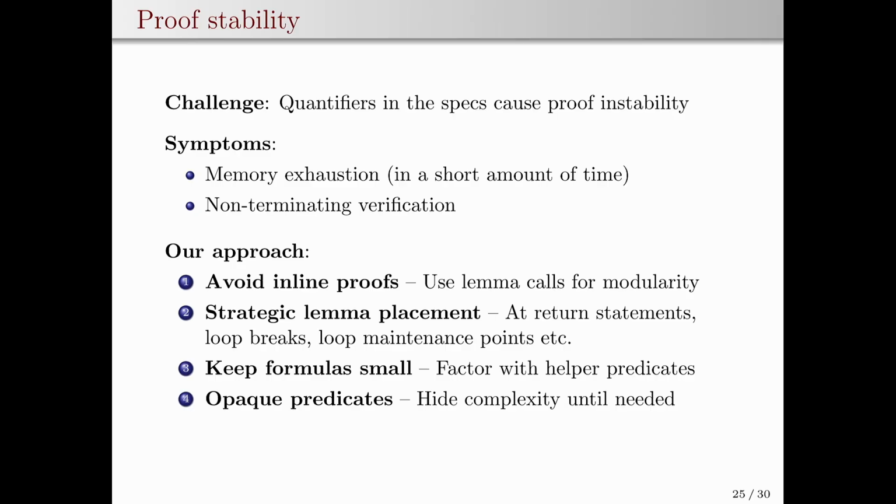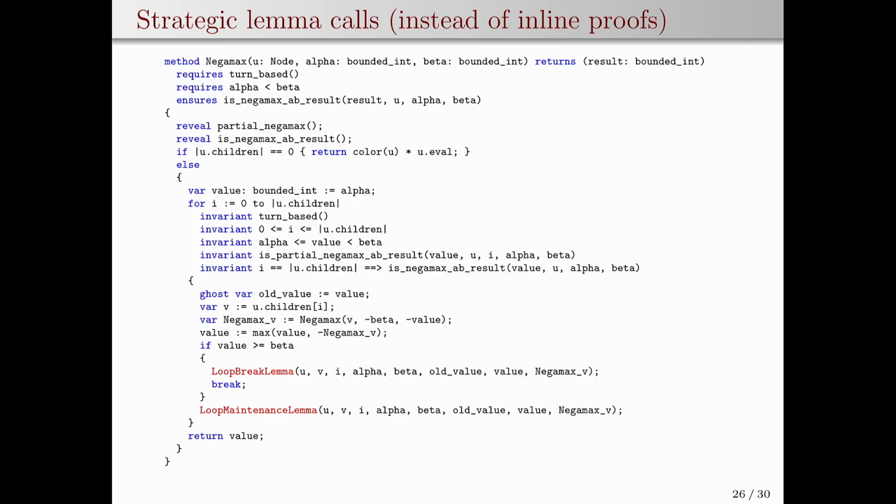We avoided inline proofs wherever we could. Always use lemmas instead of inline proofs. Also put lemmas at strategic places, sometimes where you thought it should not be needed, but just do it. I will give you an example soon. Keep the formula small. If you have a large formula, put subparts into predicates. And as a last resort, use opaque predicates to hide the definitions.